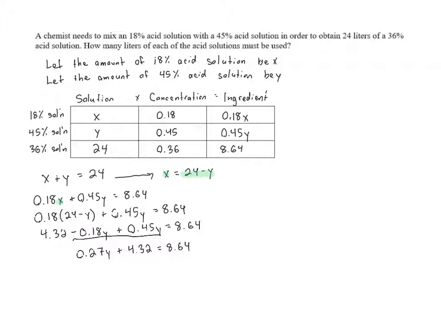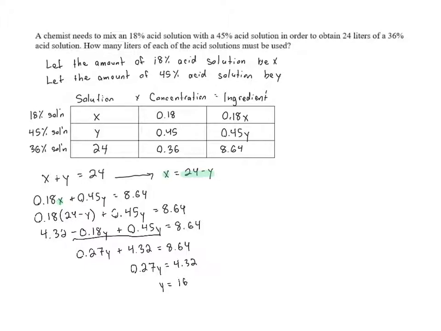We can subtract 4.32 from both sides at this point. When we do that, that gives us 0.27y equals 8.64 minus 4.32, which is just 4.32. And when we divide both sides by 0.27, that gives us 16.